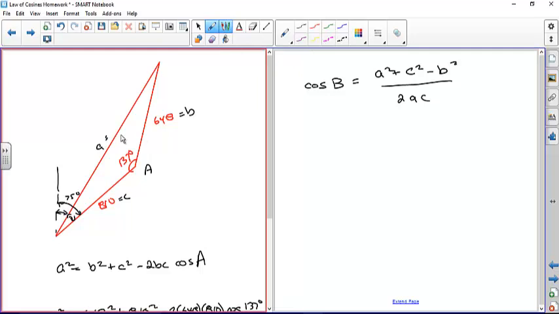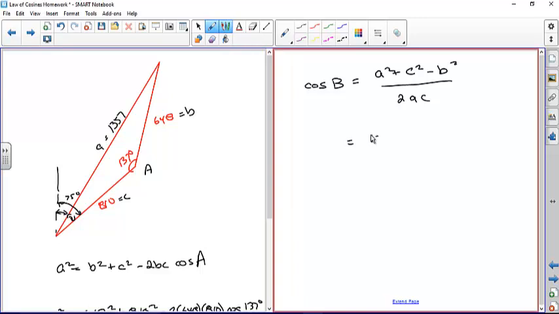You're always subtracting the letter that corresponds to the angle. And A, we just figured out, was 1,357 miles. So we got 1,357 squared plus 810 squared minus 648 squared divided by 2 times 1,357 times 810. And that's going to be the cosine of this angle.